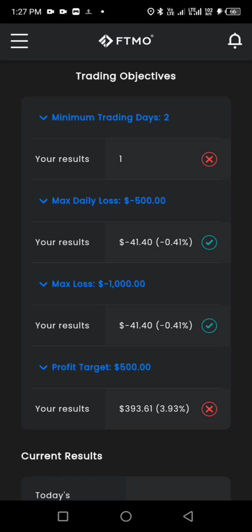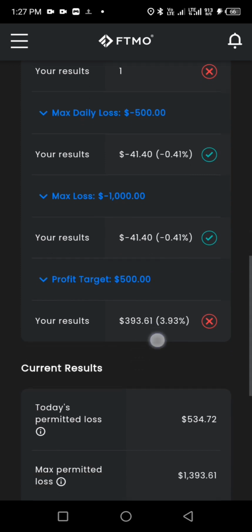But I don't know why I have that drawdown of negative $41.40, which is the maximum at the moment. I don't know if it's a cumulative one or it's just going to wipe off by the time I start trading come Monday London session. But for now, that's just what it is.